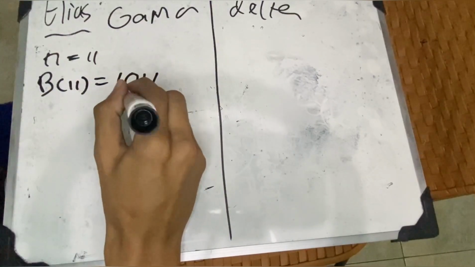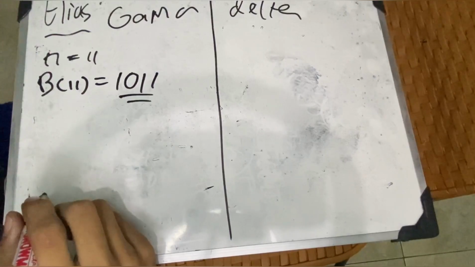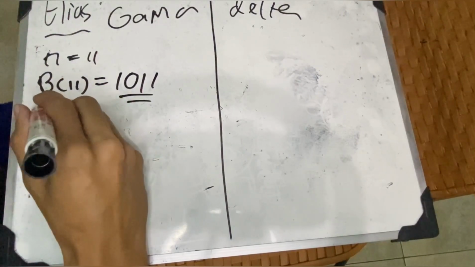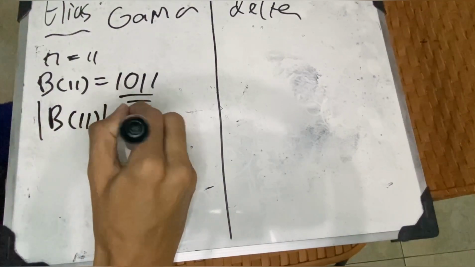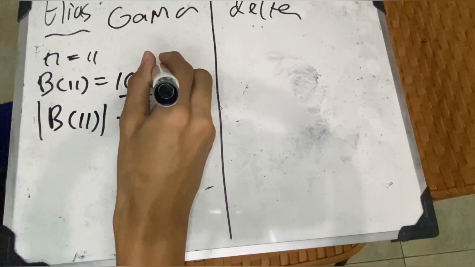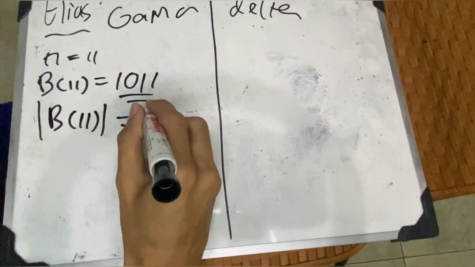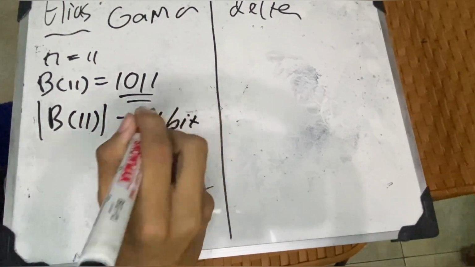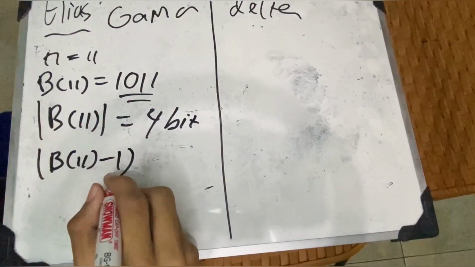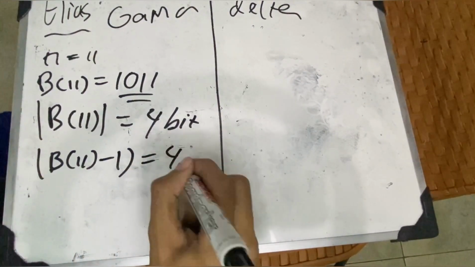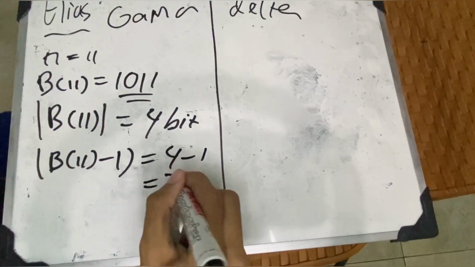Let's save this value first. For the binary value of 11, we can count here 1, 2, 3, 4, so it has 4 bits. Now what we want is the length of binary 11 minus 1, that is 4 minus 1, which is equal to 3.